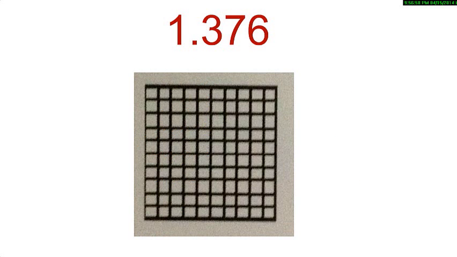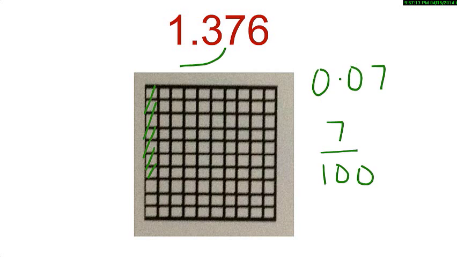Now, if I shade 7 squares of my 10 by 10 grid, then I represent 0.07 or 7 by 100.